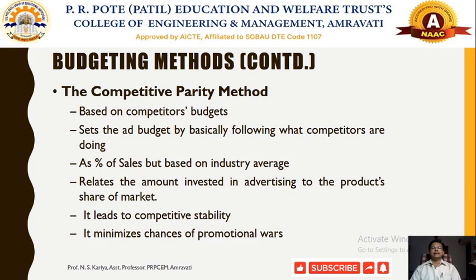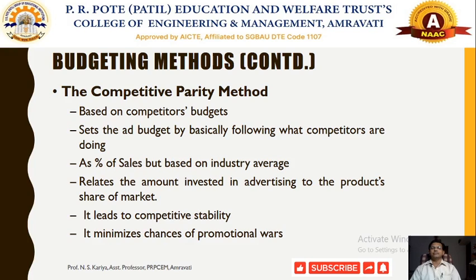So what exactly the competitors are doing, we have to take into account, and individual companies take information from third party vendors and identify what form of advertising the competitors are running, how much advertising expenditure the company made last year, and several other things, by using research and individual service providers, syndicated research data service providers. The company sets the advertising budget basically by following what the competitors are doing.